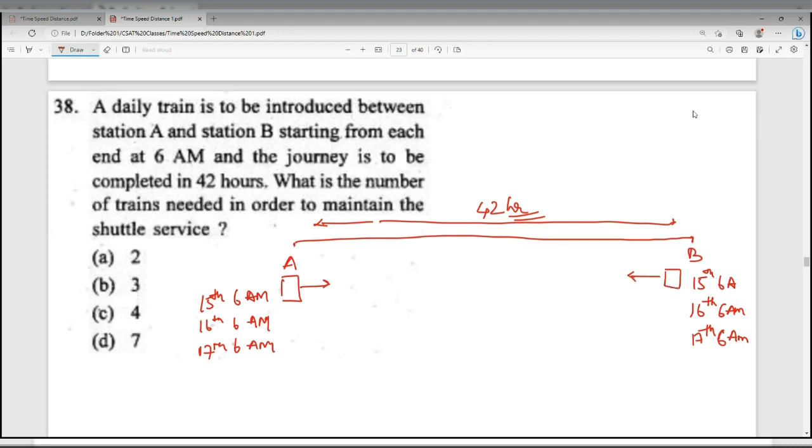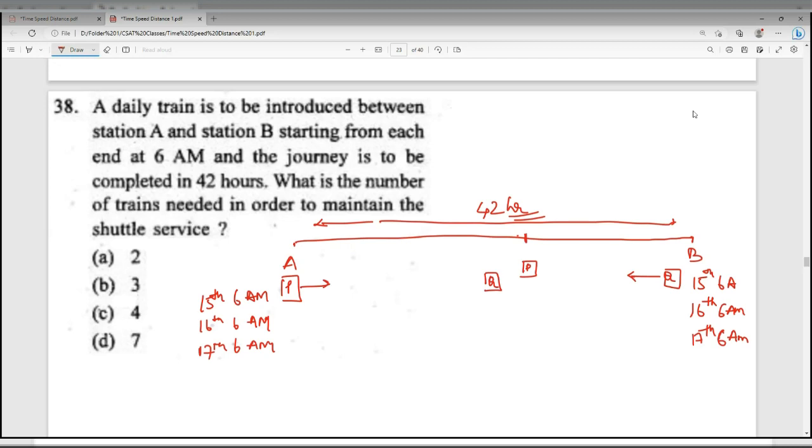By tomorrow morning, this train would not have reached station B because it takes 42 hours, so it would be somewhere in the middle. Let's call these P and Q. So next day morning, these two trains would be in the middle of the journey, not at any station. So we cannot use the same trains to start the shuttle service at 6 a.m.